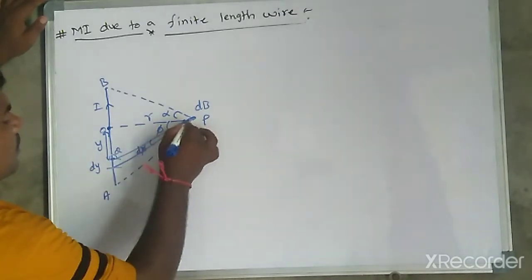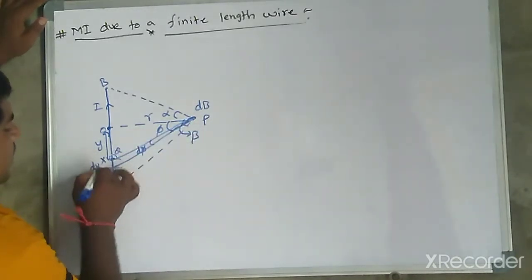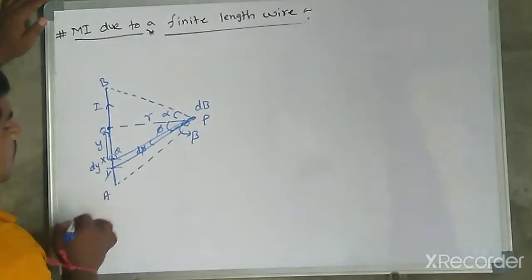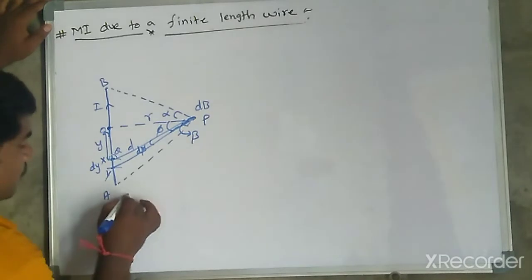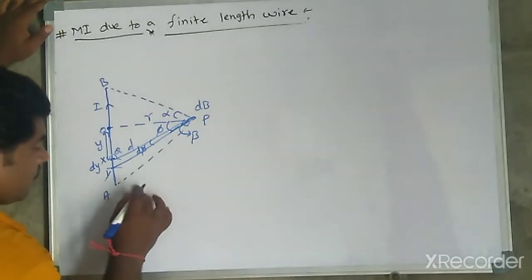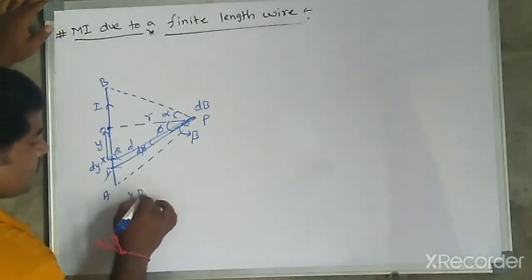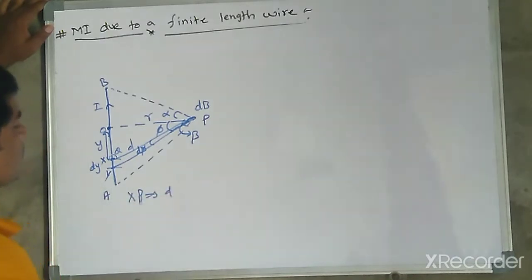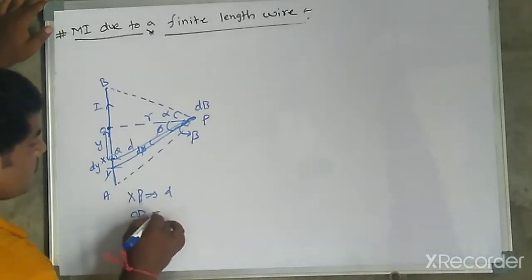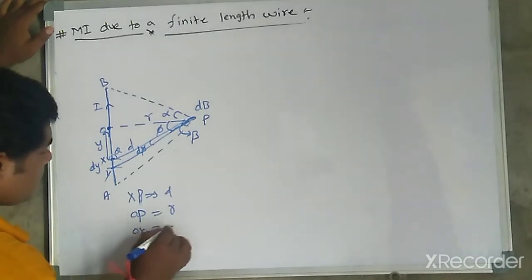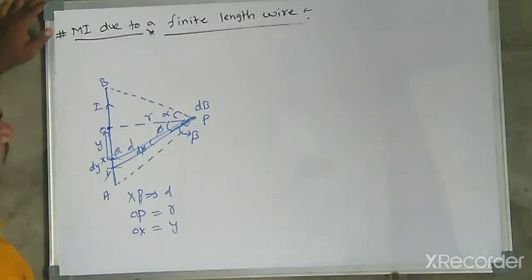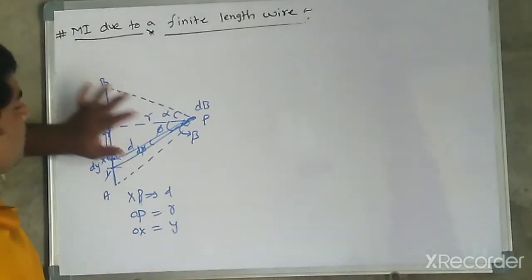Here to here, let us consider this point is X and this point is the element at distance y. The distance from X to P, I would like to consider as d. OP distance is r and OX distance is y, and this angle is phi, d phi.